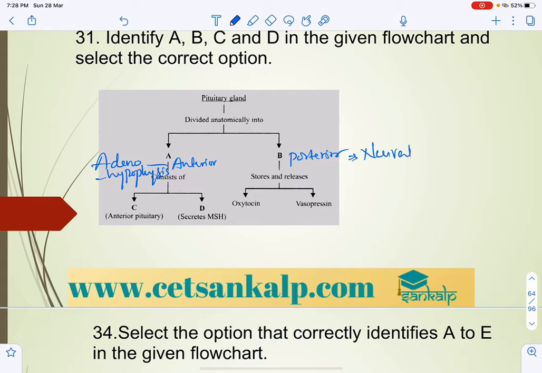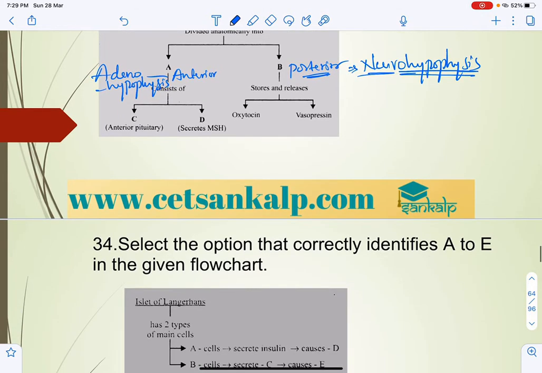It is under the direct control of the hypothalamus through neural connection. That is why it is called neurohypophysis. Neuro means neural, because it is directly connected.